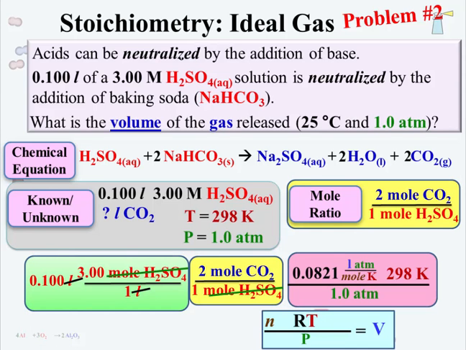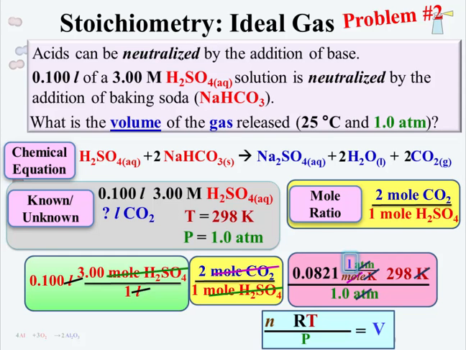Canceling units is a bit more complex, starting with moles of carbon dioxide, and then atmospheres of pressure, and Kelvin. The only unit left over is liters. Clearly the math poses a challenge. One way to minimize calculator mistakes with an equation this long is to do the entire problem twice.